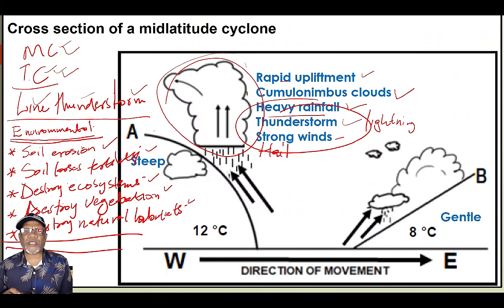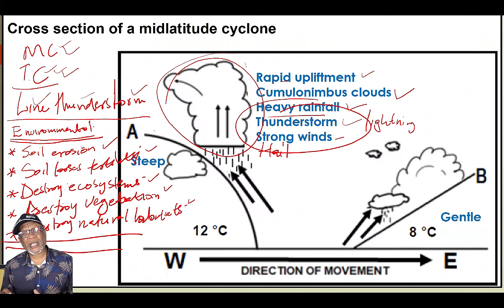It says coastal environment. It does not say natural environment. So now you can also bring in the destruction of ports, harbors, infrastructure, and all other things that are not natural. So you must be careful and read what the question wants.